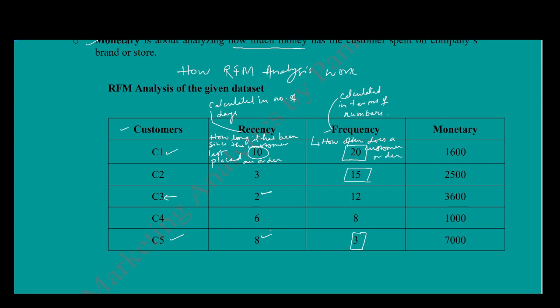So this is recency and frequency. Now the third term is monetary. Monetary is about the average amount that a customer spends.